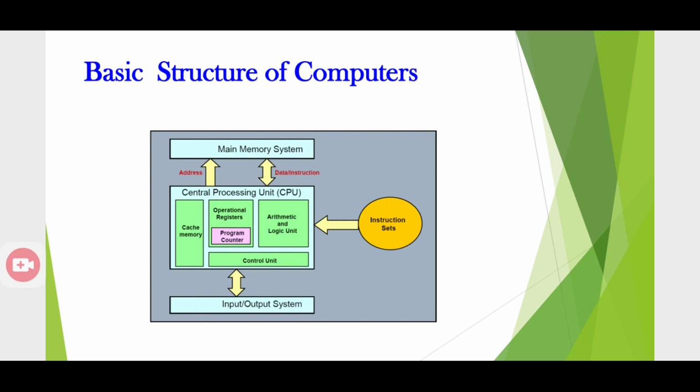Mainly, the basic structure of a computer includes 3 main functional units. One is the central processing unit, which is the main part. The second one is memory, and the third is the input-output unit.